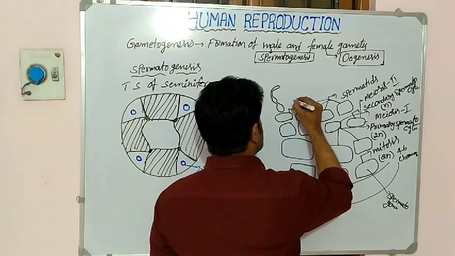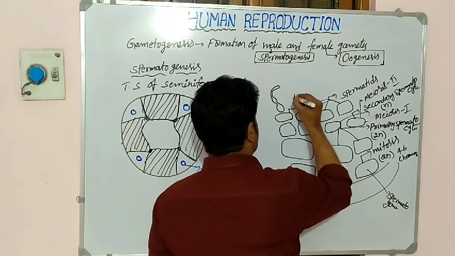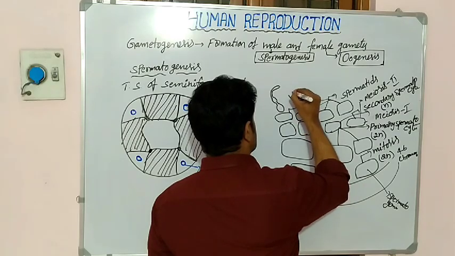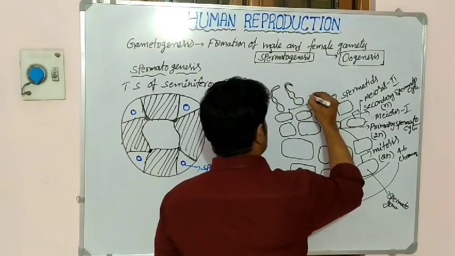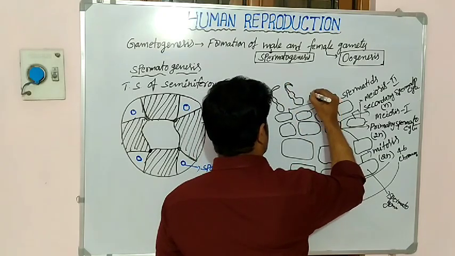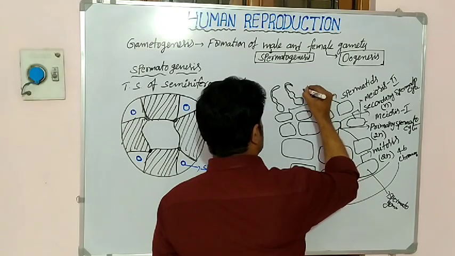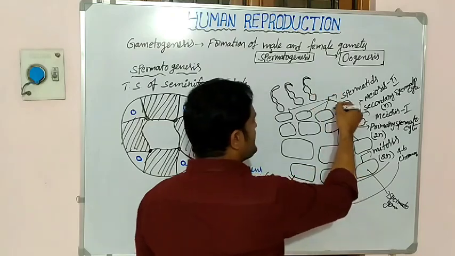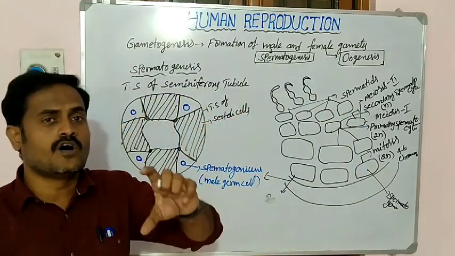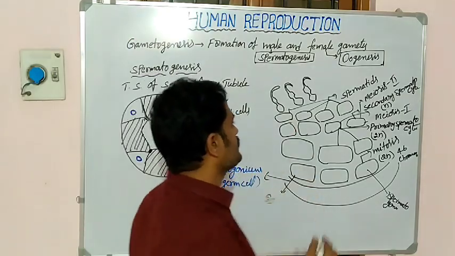So each spermatid is modified and gets a particular shape. Such an arrangement is called a spermatozoa. Each spermatid develops into spermatozoa.